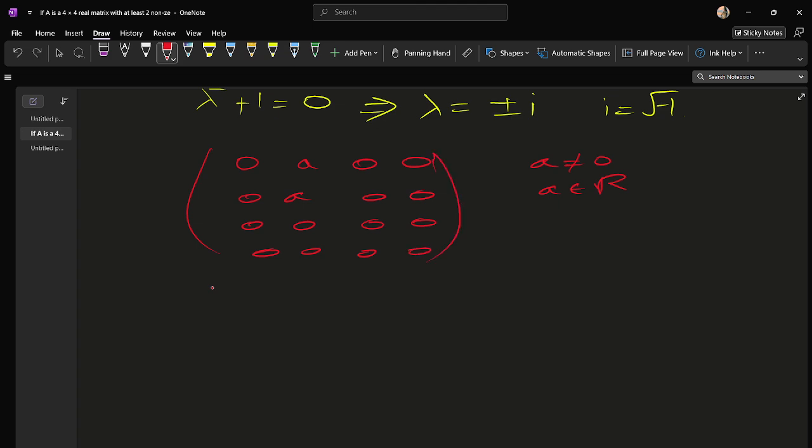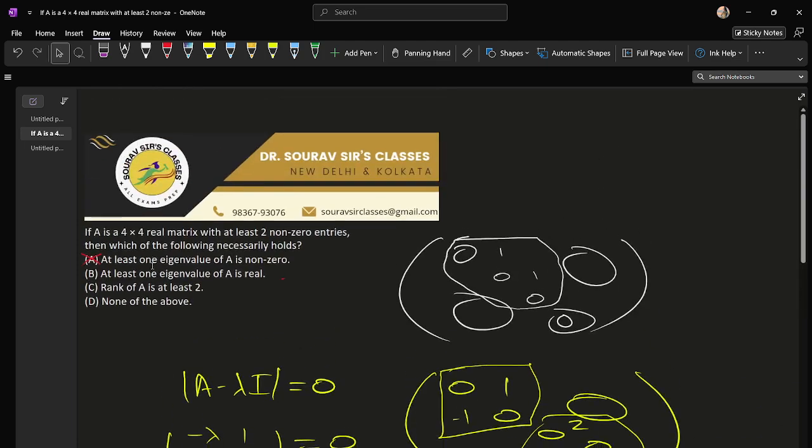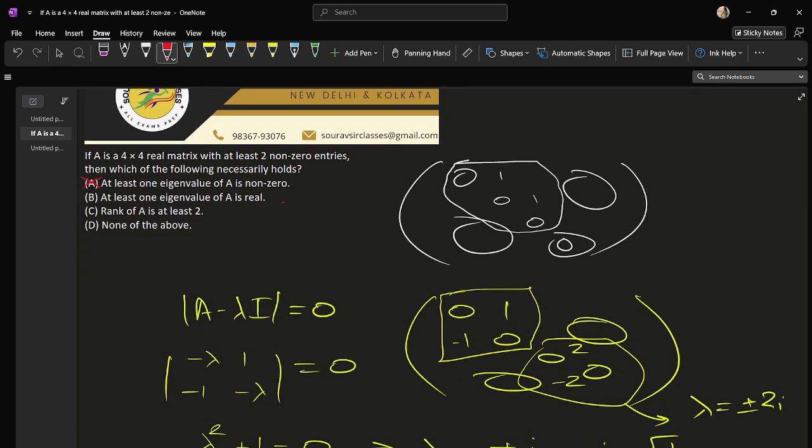Then we can see that our rank of A will be 1, because these and these are the same lines. So if we do r2 minus r1, then we will get only 0 A 0 0, and all the other terms are 0. Okay, so our option C will be cancelled out.